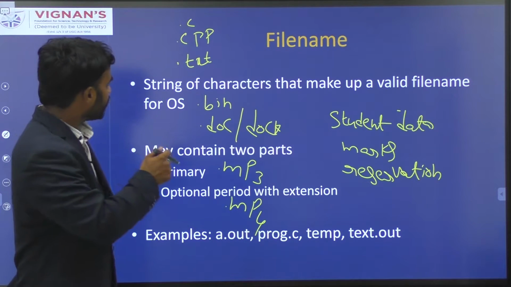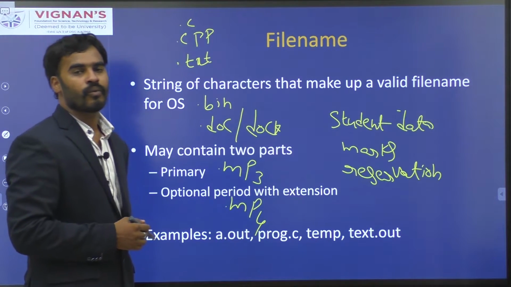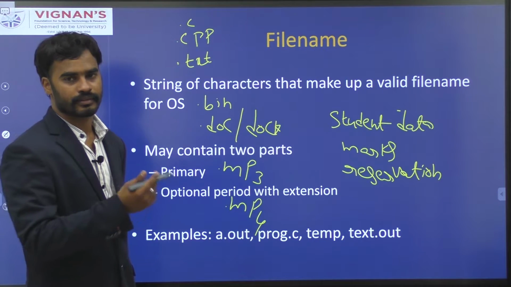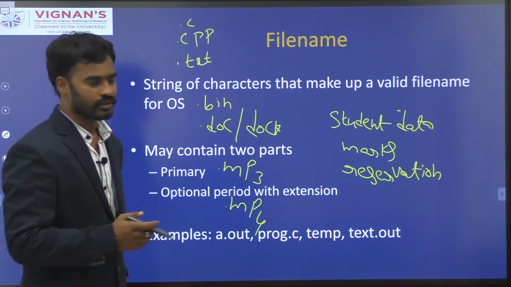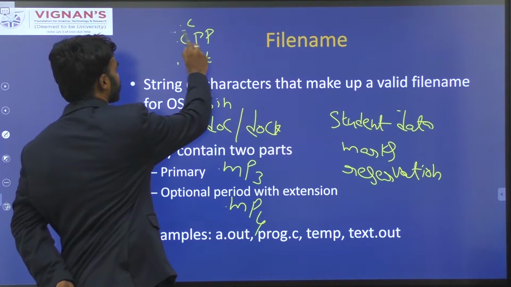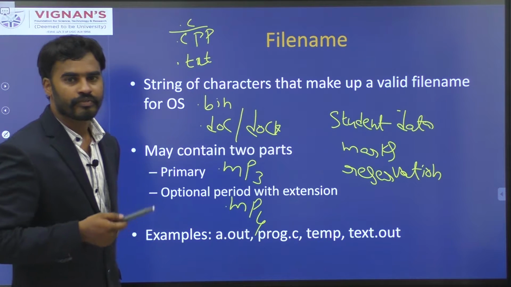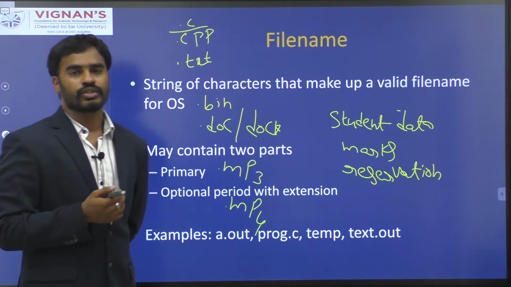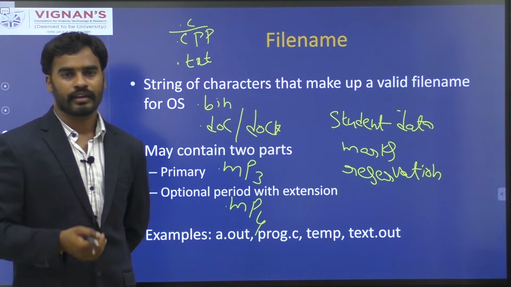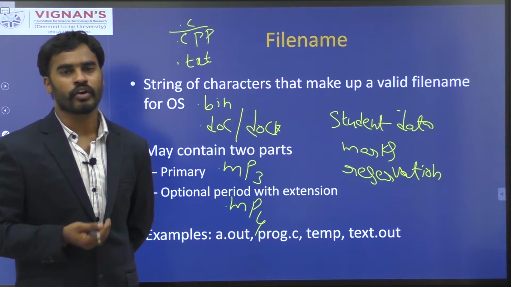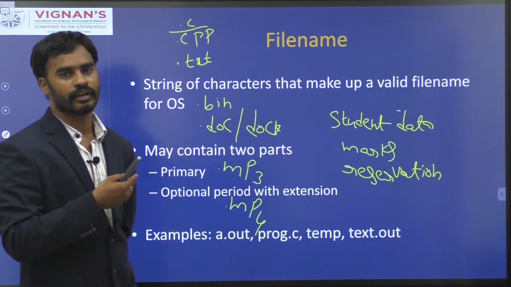These optional parts tell us what type of data is in a file. If your file contains C source code, then the extension should be .c. If your file contains C++ source code, the extension is .cpp, and if your file is an audio file, the extension is .mp3.